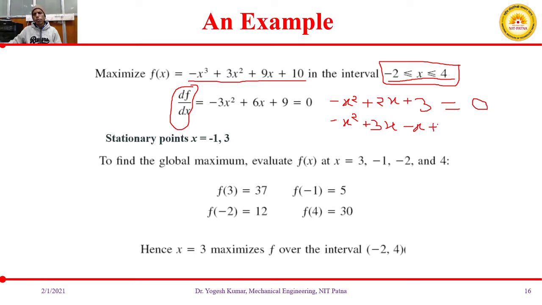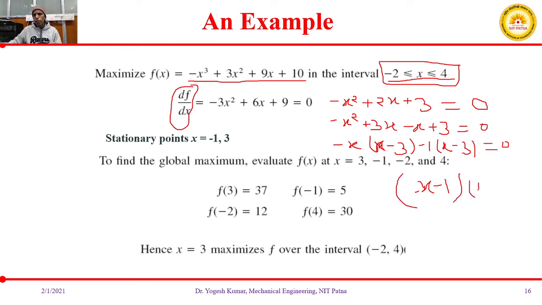Taking x common, this will be x(x minus 3) plus 1(x minus 3), so this will be (x plus 1)(x minus 3) equal to 0.